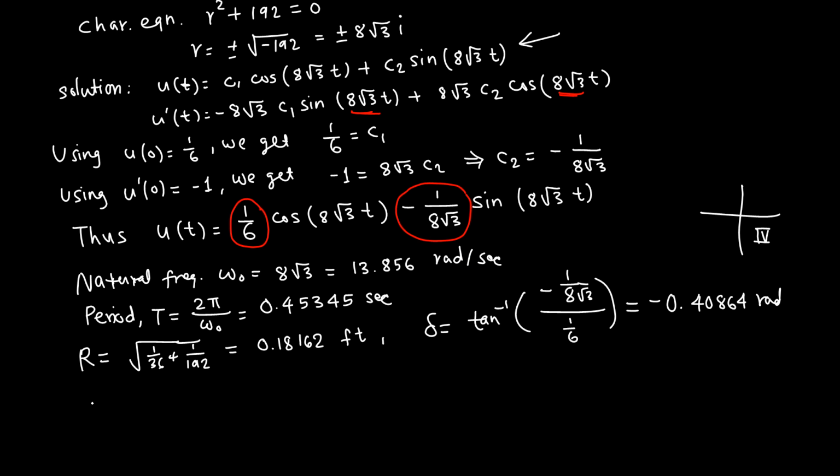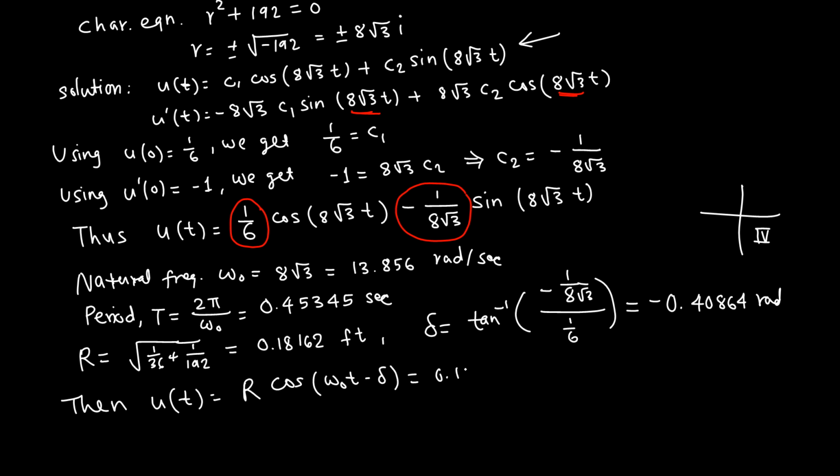That's the radian. Okay, that answers everything. If you want to write down the motion in terms of a single cosine, then you can rewrite, but this is not asked. So u of t equals the motion. In this case the displacement at any time t is R cosine of omega t minus delta, which is now given here.